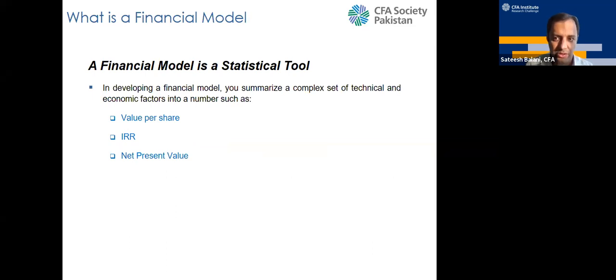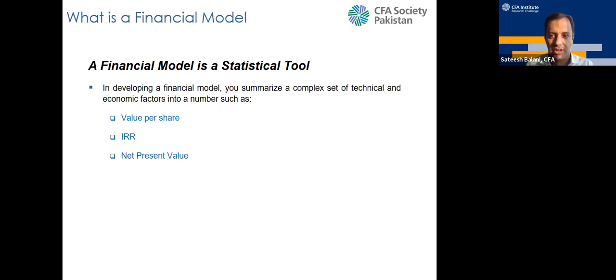You can do valuation of a private company, you can do valuation of a project as well. If you are working in a conglomerate and you get a business proposal of a new project where you have to calculate the valuation of that project, the NPV.